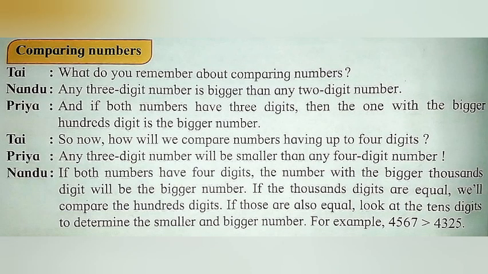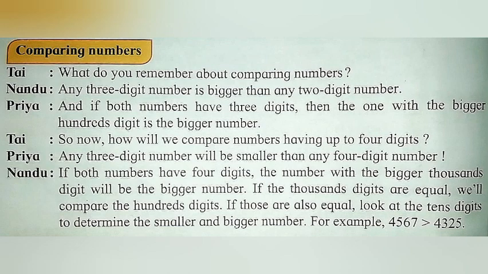Then we have comparing numbers. Comparing numbers is where you will be given a few numbers from which you have to identify which is smaller or bigger. Tai, what do you remember about comparing numbers? Nandu, any three-digit number is bigger than any two-digit number.